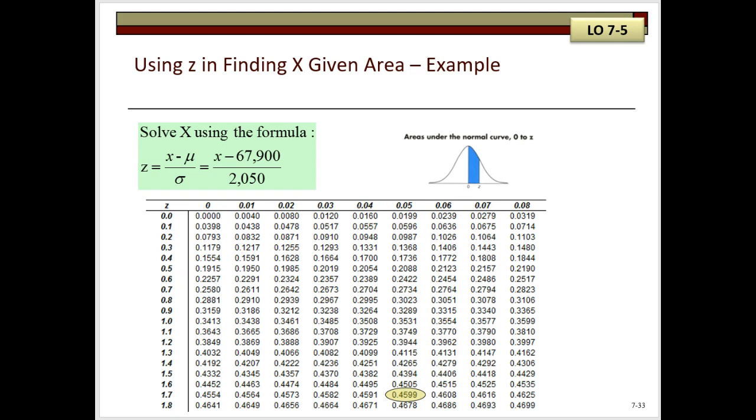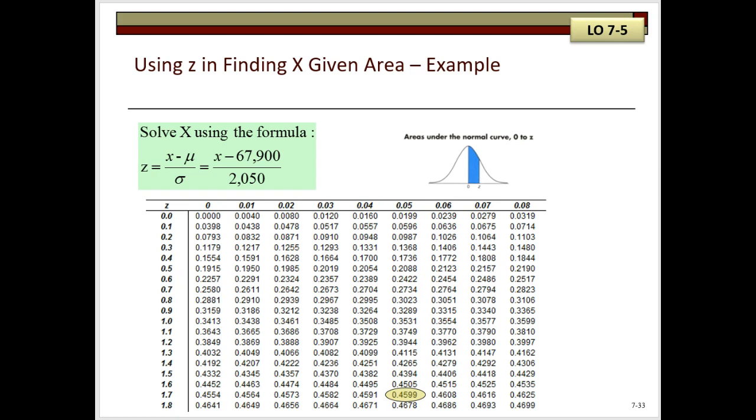Why 0.4600? Well, remember that the areas represented in this table are the areas from z equals 0 to some positive z-value. Hence, 0.4600 is the area between mu and x found by subtracting 0.04 from 0.5.